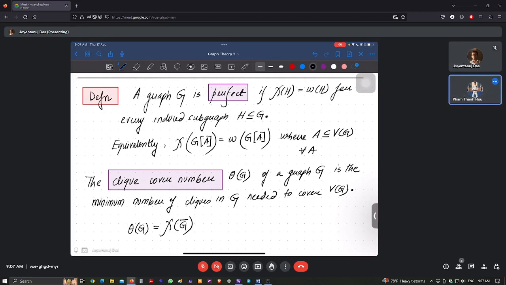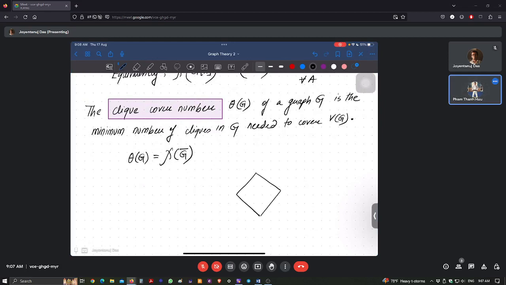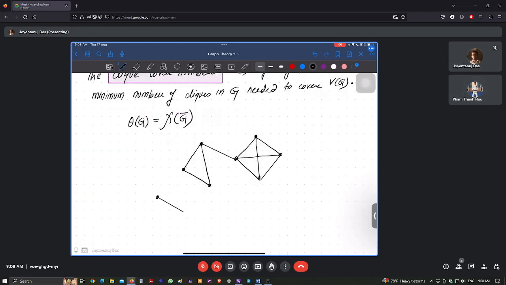Yes, we can do an example. Suppose you have a graph like this, and this is your whole graph.